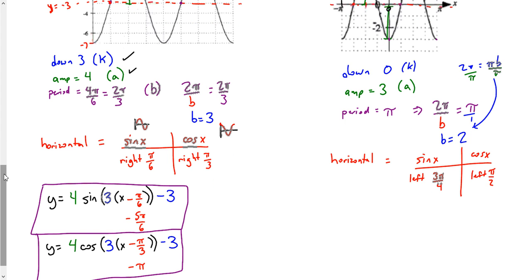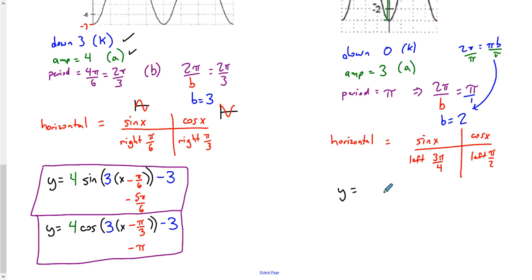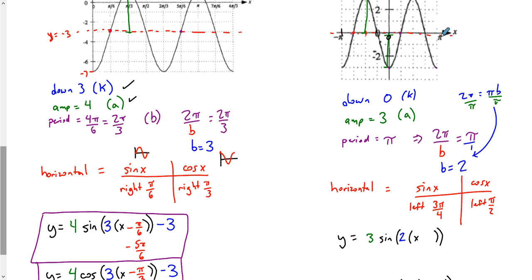When we plug it into our equations, again, I'll just fill in the necessary parts that are needed. I'll do the cosine at the same time. Alrighty. A value, amplitude, 3. That's the same on both of them. B value, well, our B value is 2, because 2 pi divided by 2 gives us the period of pi.